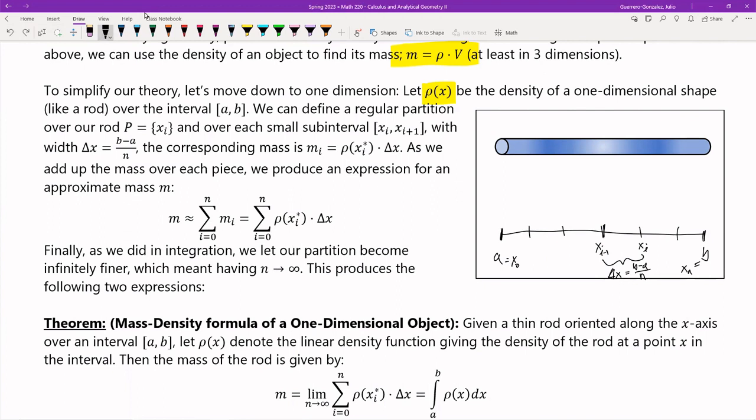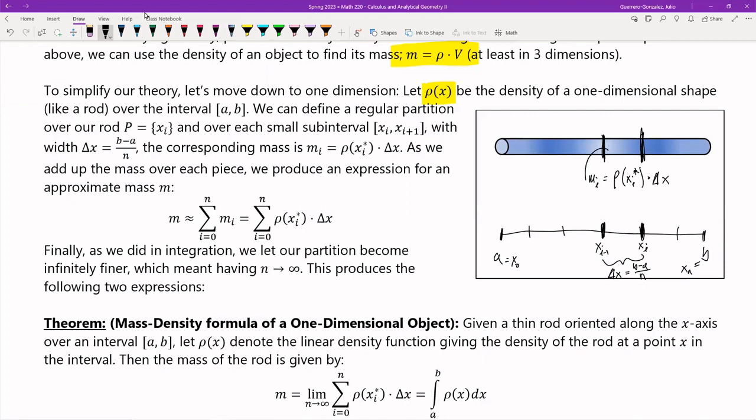So let's take this piece right here. The mass for this little piece, m_i, is going to be equal to rho of x_i star times my delta x.